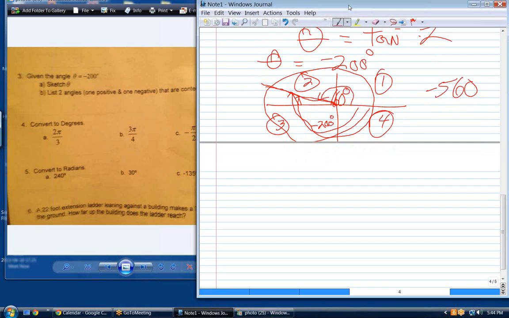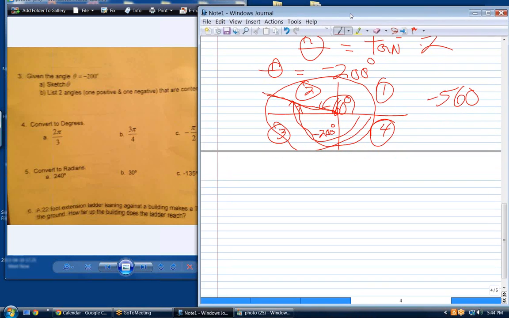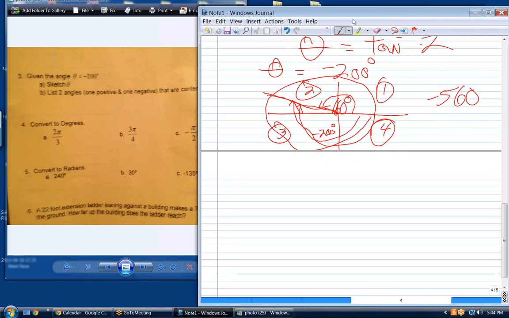How do we convert radians to degrees? What does the conversion factor look like? It's either this or this.